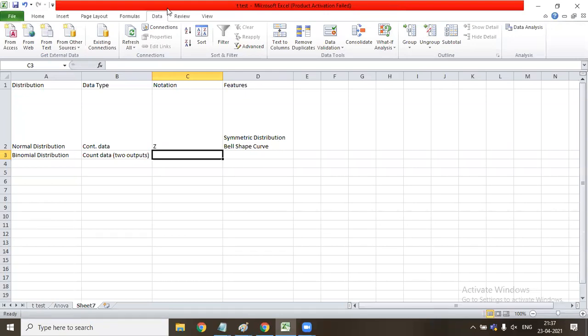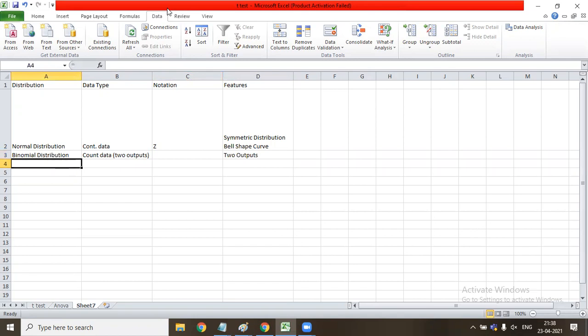The name is binomial only. The feature is that it works on data with two outcomes, either true or false, yes or no, or anything similar. Are you with me? Yes.